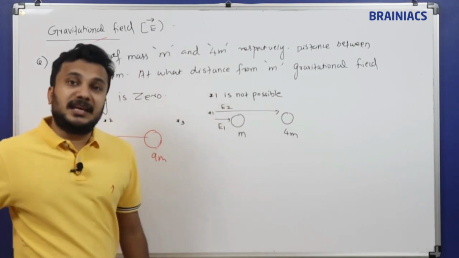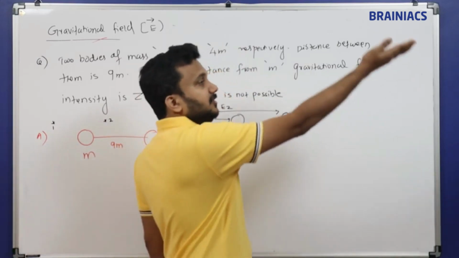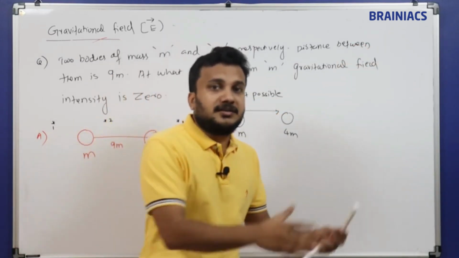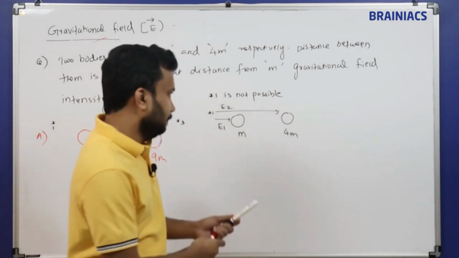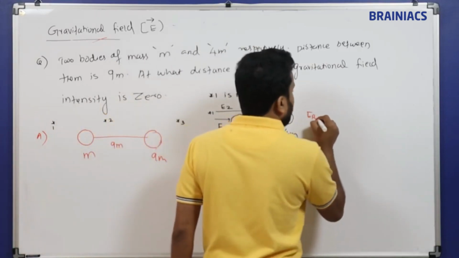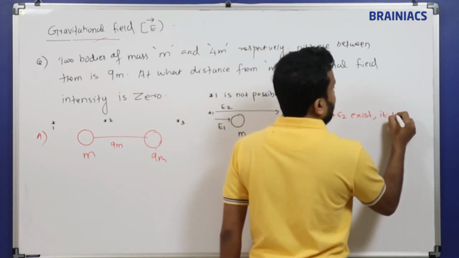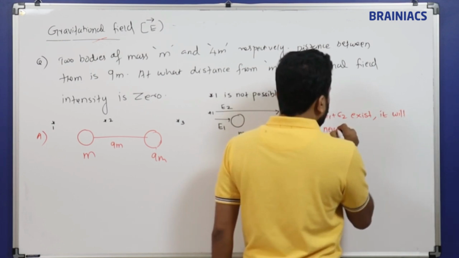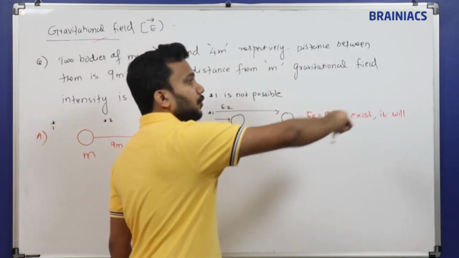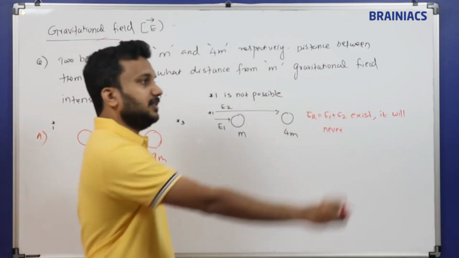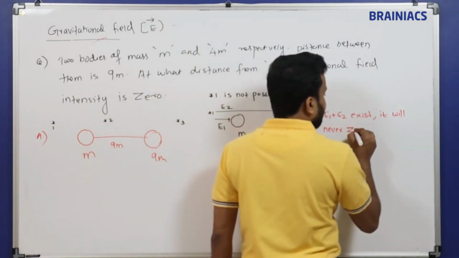E1 and E2 are in the same direction. If two vectors are in the same direction, definitely they will add up. So we will never get 0. Here ER is equal to E1 plus E2. It will never be 0 because one vector is 5 Newton force, another vector is 2 Newton force, both acting in the same direction. What will you say, total force 5 plus 2 is 7. There is no chance to become 0.